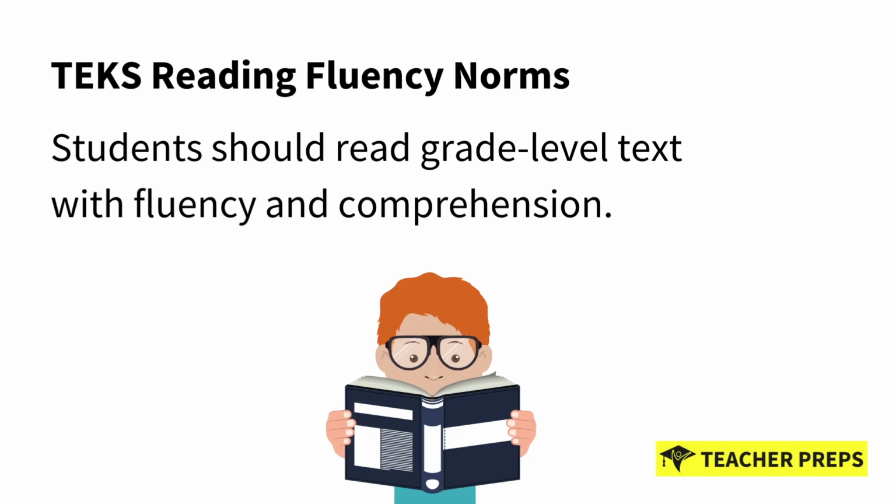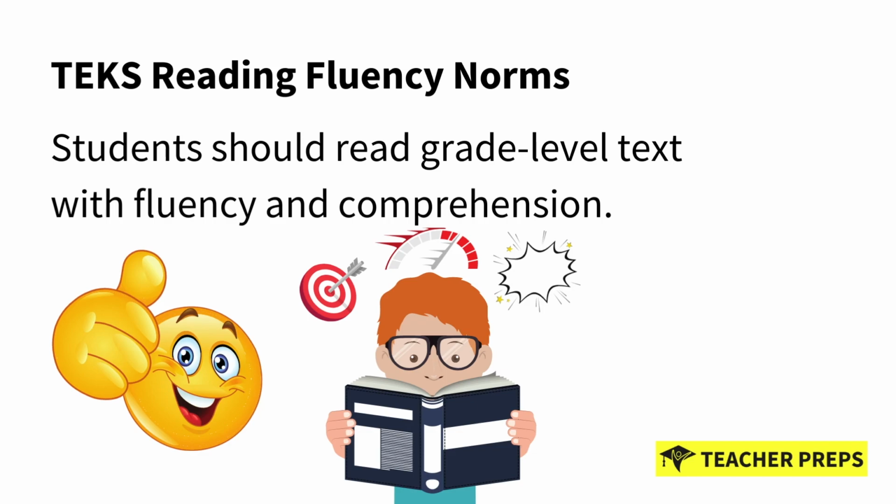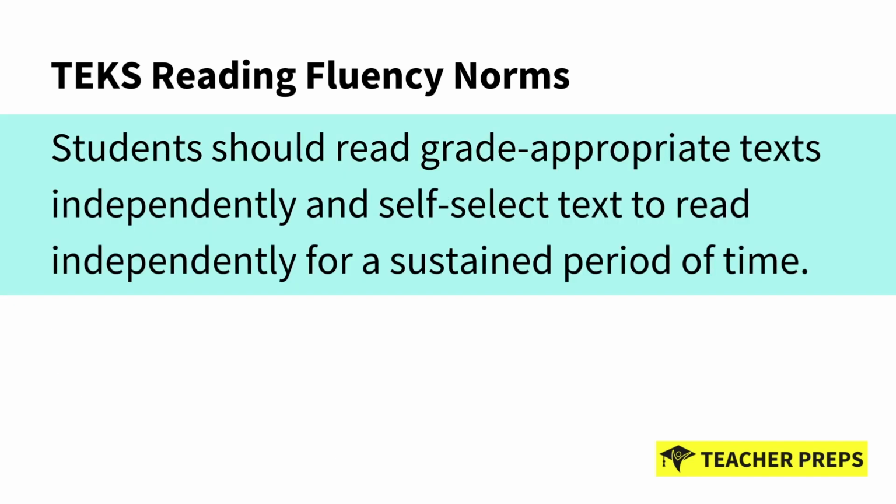This means that the students should be able to read text at their grade level with accuracy, appropriate rate, and expression, which means prosody, while also understanding the meaning of what they're reading.